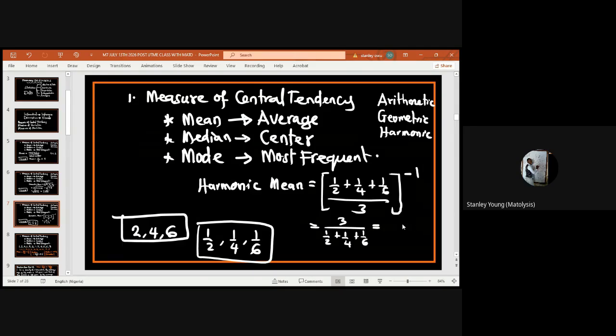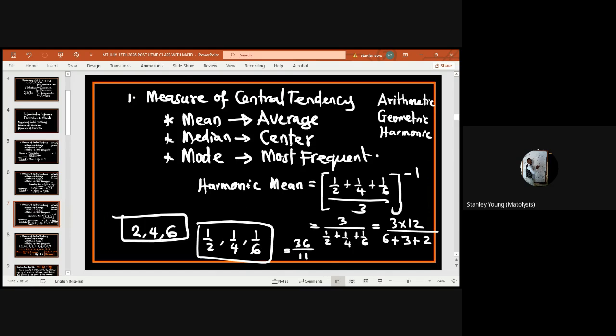A smart approach is to multiply up and down by 12. 3 times 12 on top. 12 times 1 over 2 is 6, 12 times 1 over 4 is 3, 12 times 1 over 6 is 2. So on top we have 36, at the bottom we have 11. Is it? Yep. So that gives us 36 over 11.